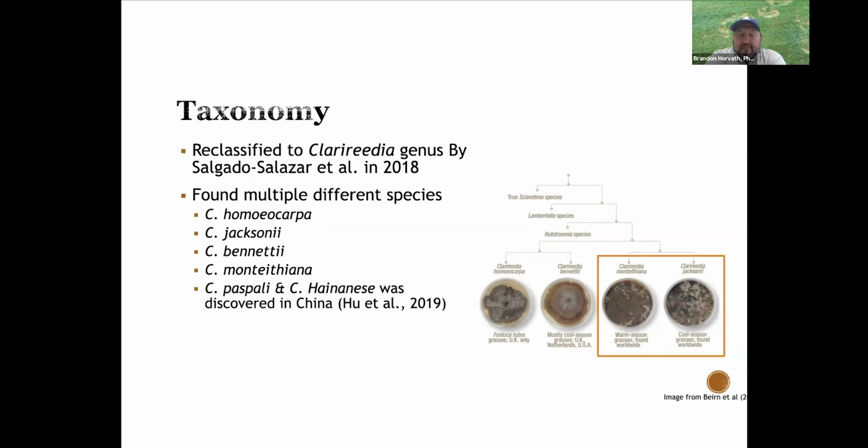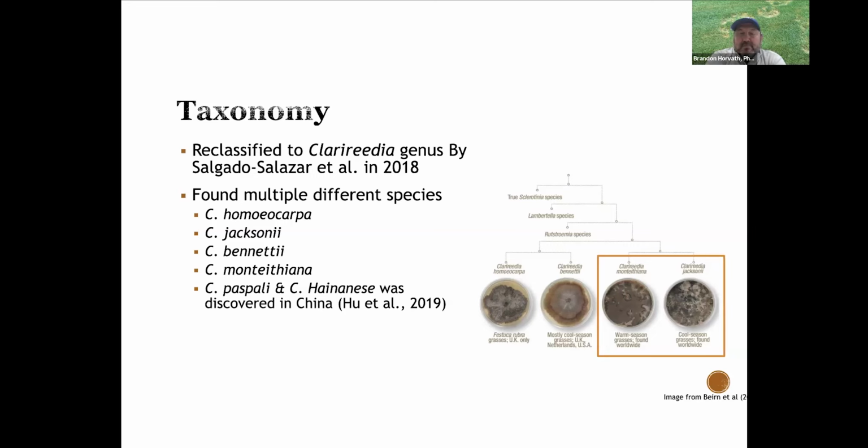The four that they particularly laid out were Clariredia homeocarpa, which is found on red fescue grasses in the UK only. There's Clariredia benneti, which is found on cool season grasses in the UK, the Netherlands, and the US.